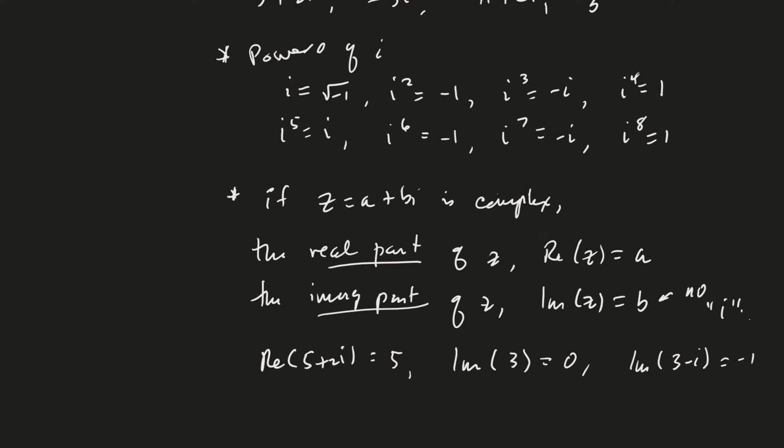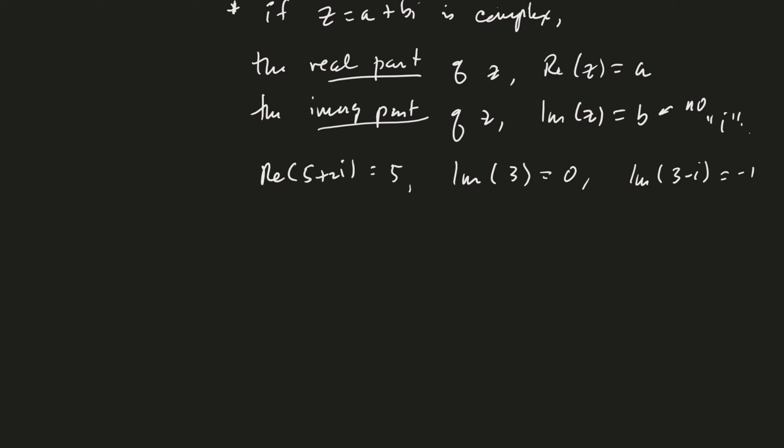Good. Now, before we get into how to manipulate complex numbers, sometimes it's a good idea to visualize complex numbers. So let's see if we can visualize the complex number system.